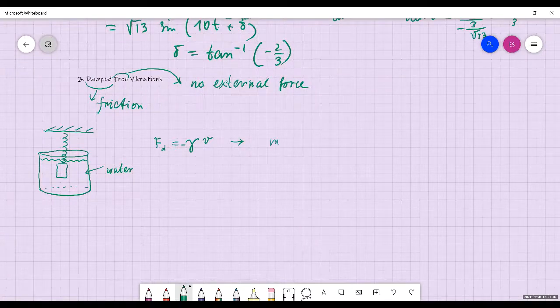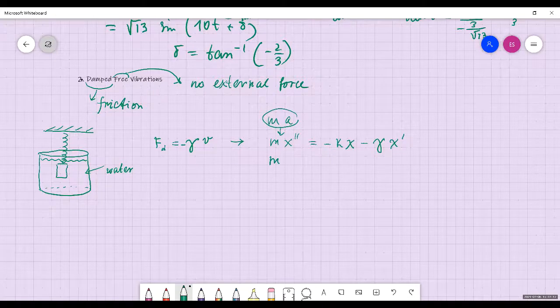How is my equation going to change? Well, it's still going to be m x second derivative, right? On this side, this is m acceleration, right? We remember m acceleration, second derivative, Newton's law. On the right side, we do have Hooke's force, still the same, kx, and we do have this resistance force, and velocity is the first derivative, so I'm going to get the first derivative here.